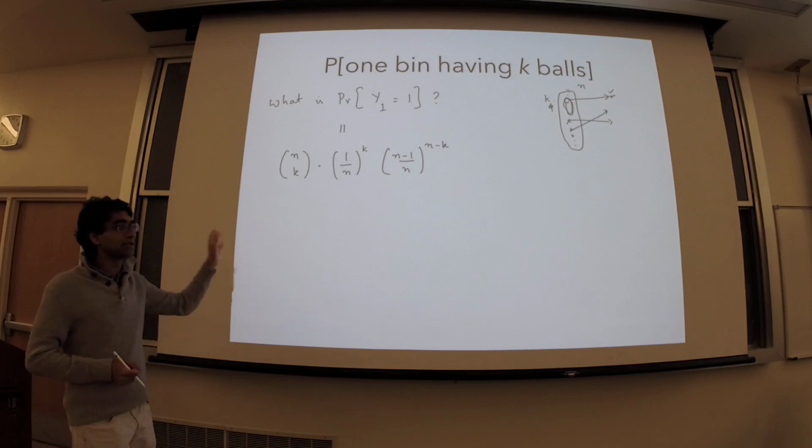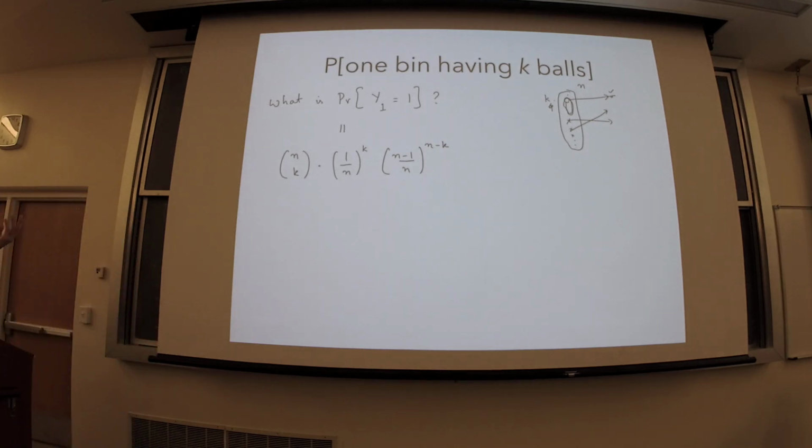Let me write out a basic fact which is commonly useful in these kinds of computations. This is called the Stirling approximation. It is specifically for factorials, but I will write it down for binomial coefficients.